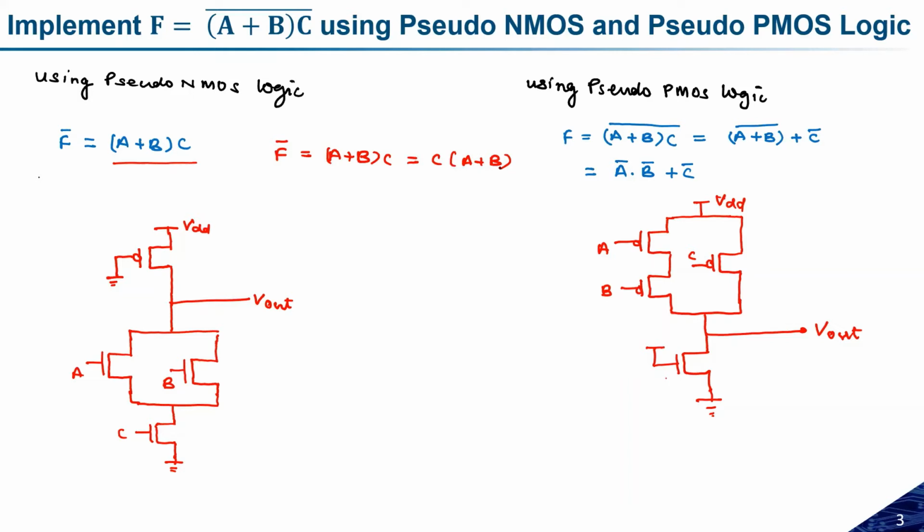Yes, sir. Okay, so in that case, what will happen if I try to design a circuit with this one? What could be the structure? The structure will be something like, I need to keep the C over here, and then I need to keep A and B in parallel.